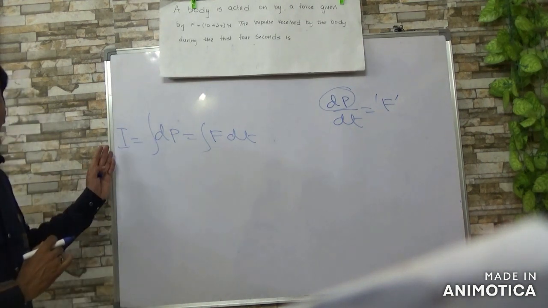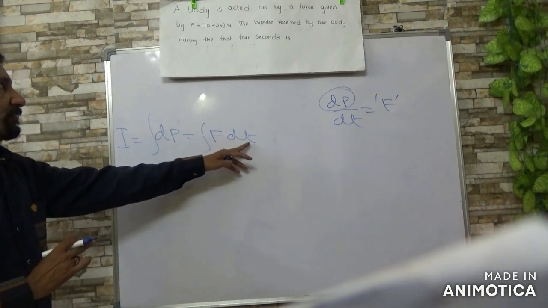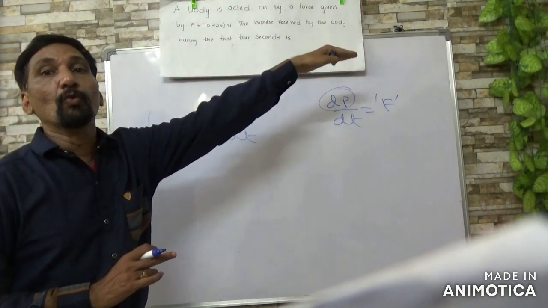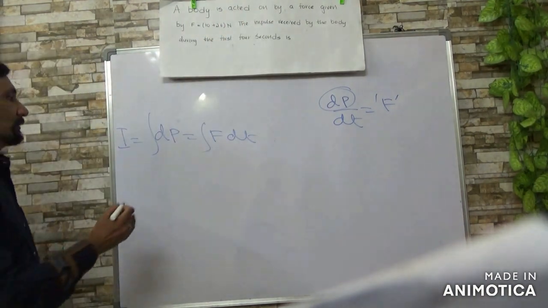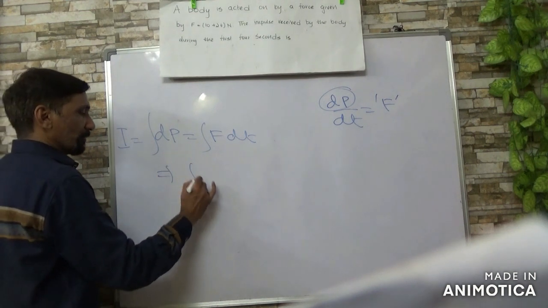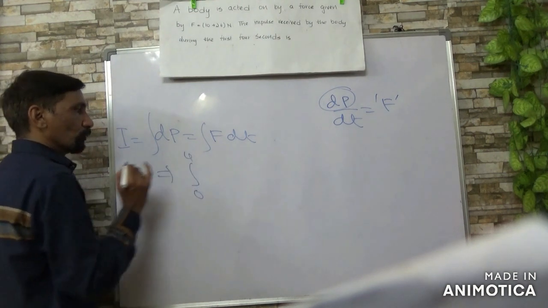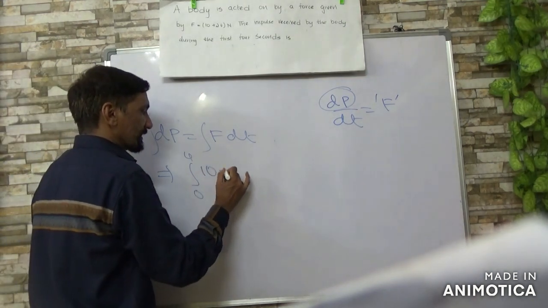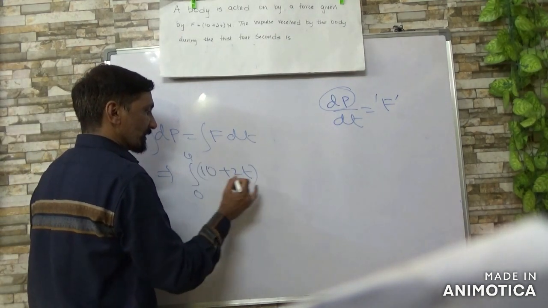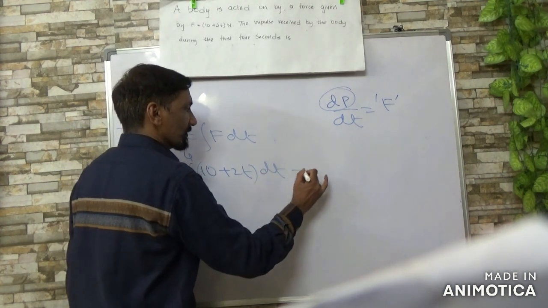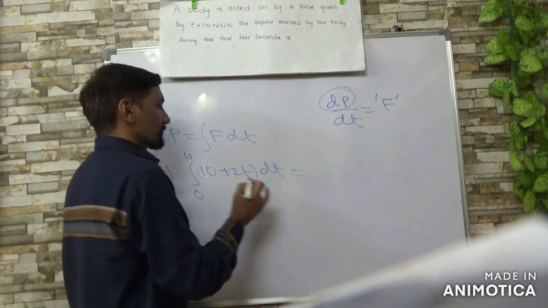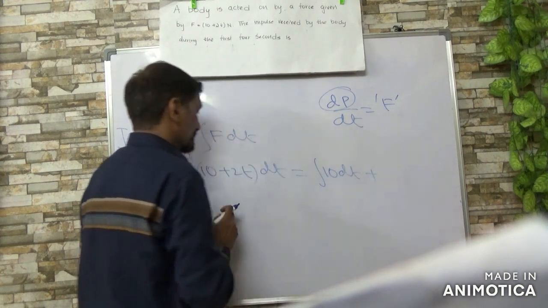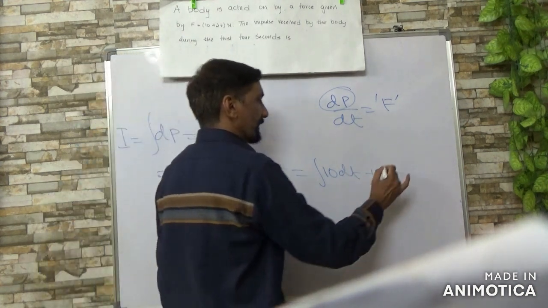So the integral form of impulse is integral F dt. You want to find the impulse for the first 4 seconds, so the limits are 0 to 4. F, according to the problem, is 10 plus 2t, dt. So it is 10 dt plus 2t dt.